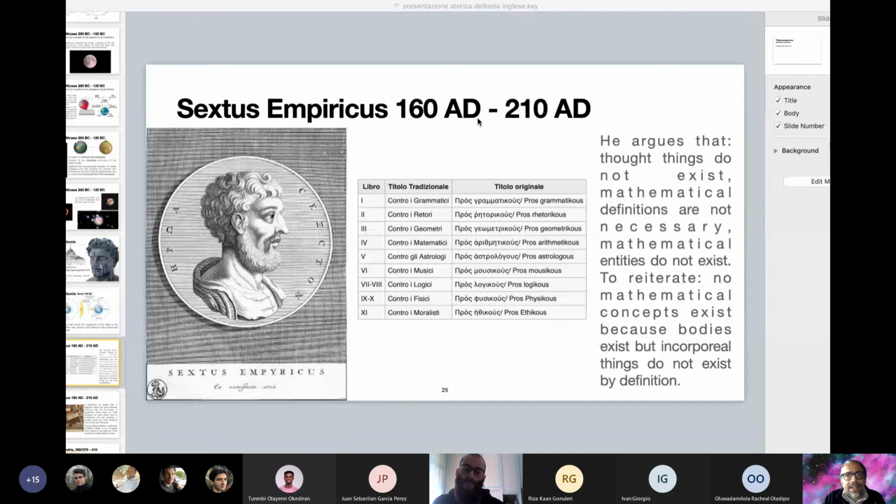Sextus Empiricus, 160 years after Christ, died 50 years later, and wrote all these books against grammarians, against rhetors, against geometers, against mathematicians, against astrologists, against musicians, against logicians, against physicists, against moralists. So he took all the theories available in his epoch and said that it was all garbage, a total garbage.